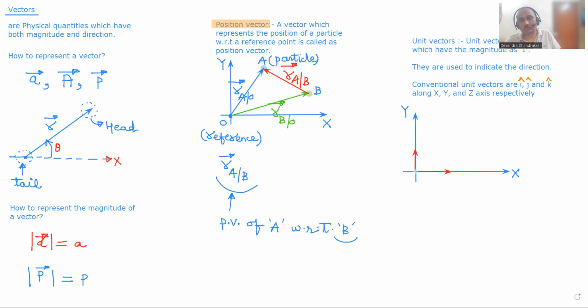Unit vector along Y axis is J cap. And there is a different three-dimensional thing. We call that direction as Z axis. So this is unit vector along Z axis and this is K cap. I hope this I cap, J cap, and K cap is clear to all of you. Yes or no?